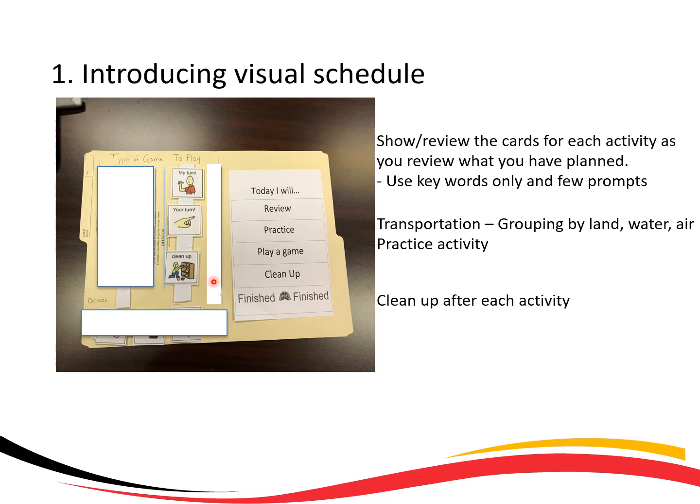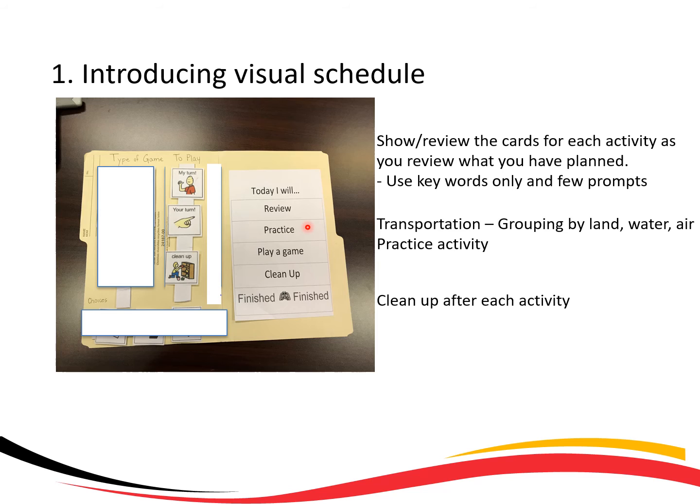You can tell the student, okay, for review, we're reviewing the grouping of transportation by land, water, air, and then we're going to practice it by having you sort the objects, and then you're going to name them, and then I'm going to ask you to name the different items per group.